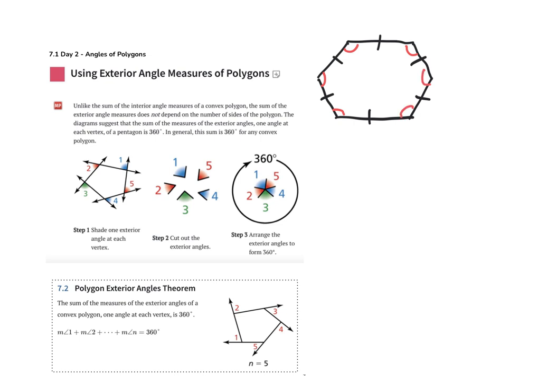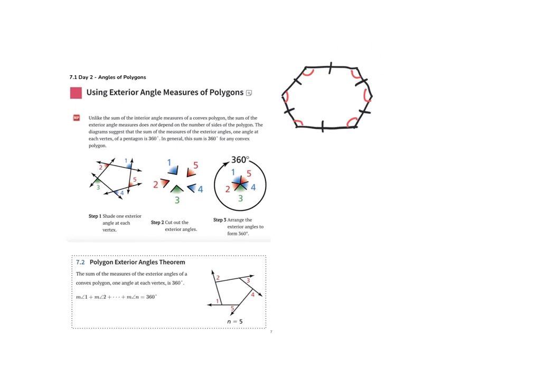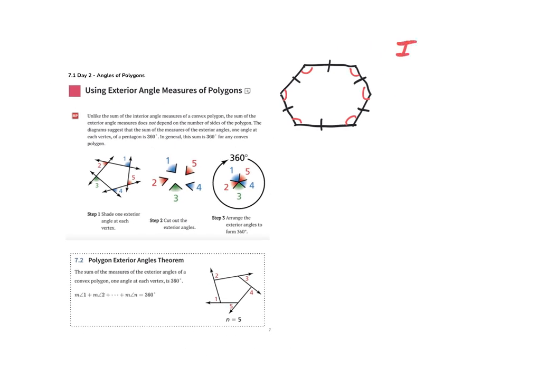Okay, so the fact that this is a regular hexagon, what would be the first thing that I would have to do to find the measure of an inside angle? What did we talk about yesterday? Okay, yep. N minus 2 times 180.